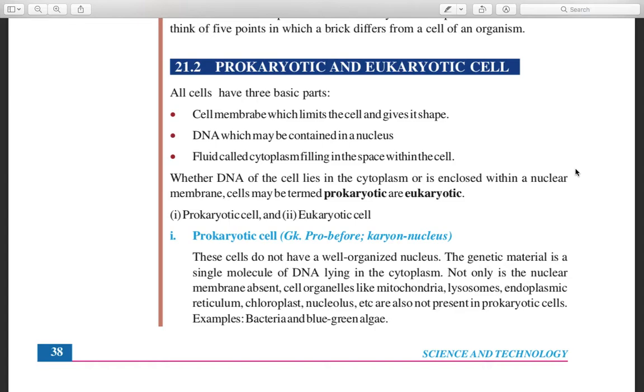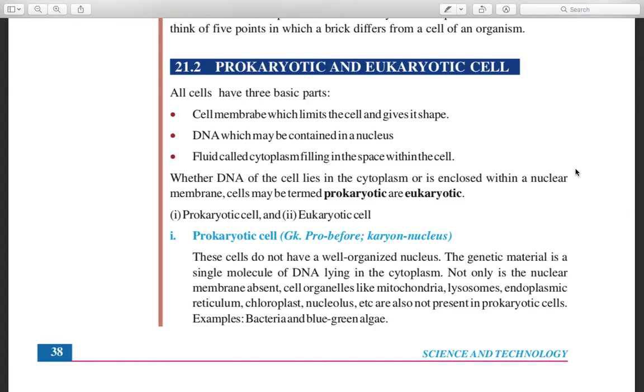But when you go into detail, inside the mouth you have lips, teeth and a tongue. But when you say basic parts, like general parts, all the cells have three basic parts.